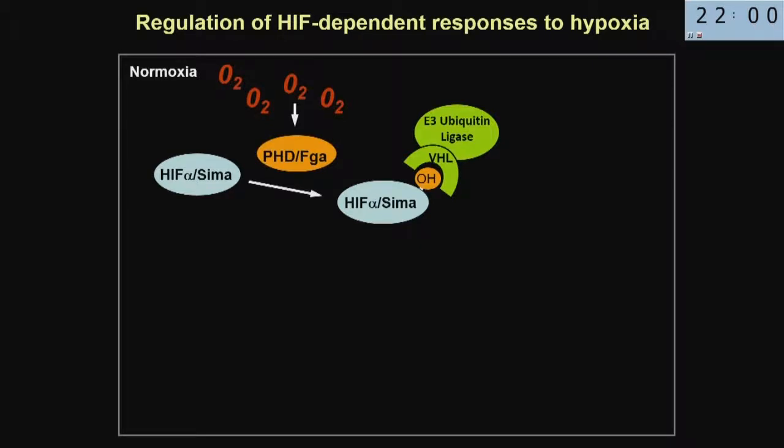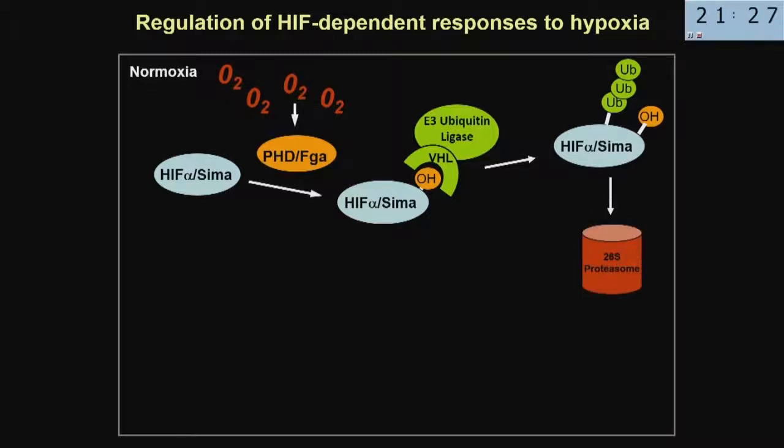This hydroxylation enables the recognition of a protein called VHL, the von Hippel-Lindau tumor suppressor factor, which in turn is the substrate recognition subunit of a multimeric E3 ligase complex that promotes ubiquitination of the alpha subunit, which ends up in rapid degradation at the 26S proteasome.